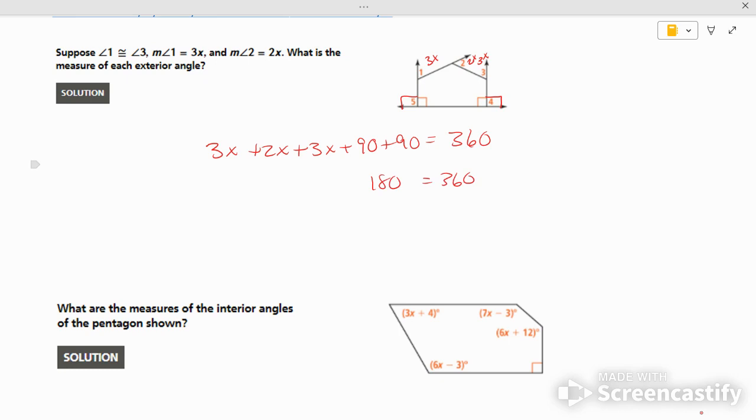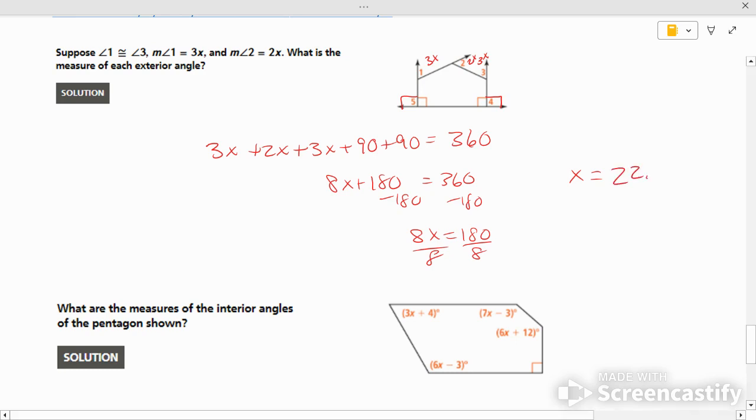What's 3x plus 2x plus 3x? 8x. So if we subtract 180 from each side, 8x equals 180. If we divide by 8, x equals what? 180 divided by 8. Somebody with a calculator. 22.5.